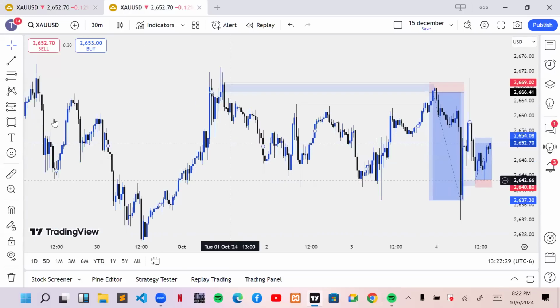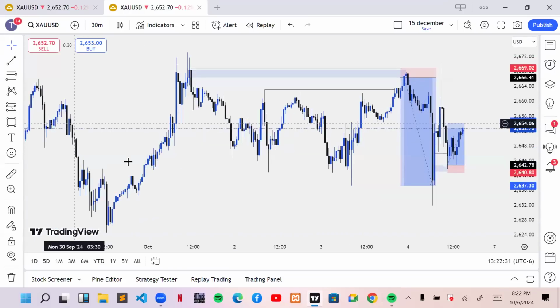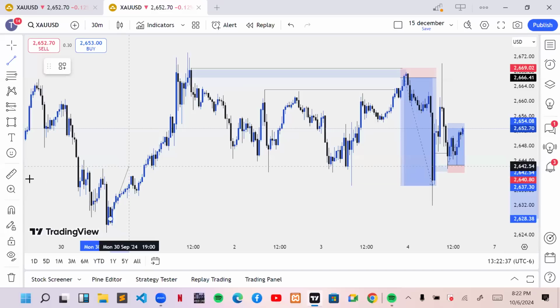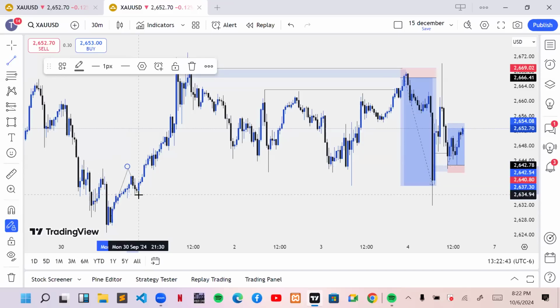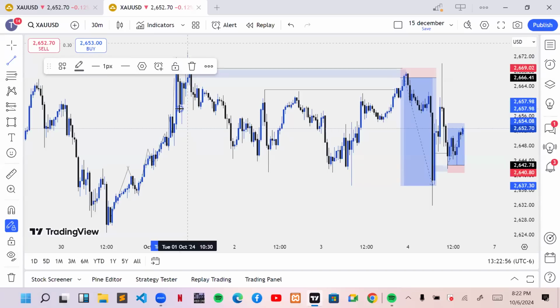Paying attention to this trade right here, you can see the market making a series of higher highs and higher lows. Higher highs, higher lows. Higher highs. Then the market did what?